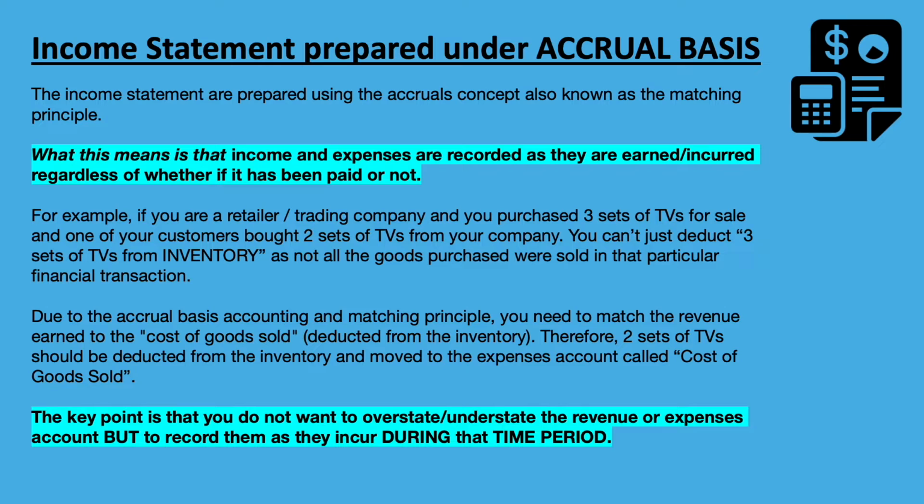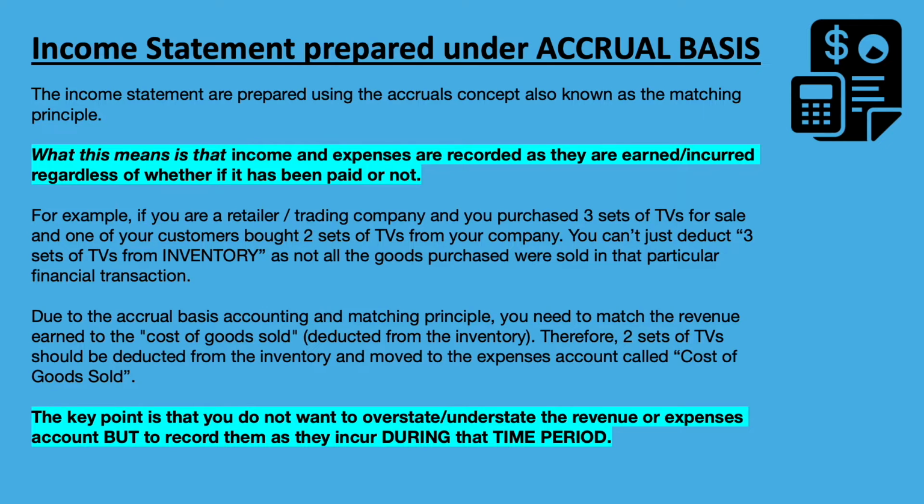For example, if you're a retailer or a trading company and you purchased 3 sets of TVs for resale and one of your customers bought 2 sets of TVs from your company, you can't just deduct 3 sets of TV from the inventory, as not all of the goods purchased were sold in that particular financial transaction.